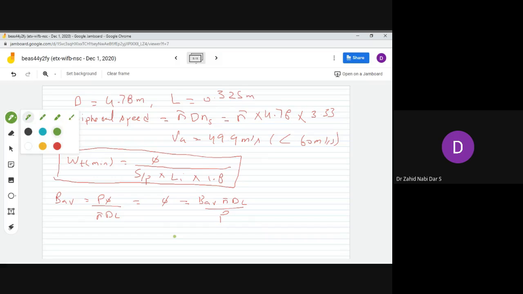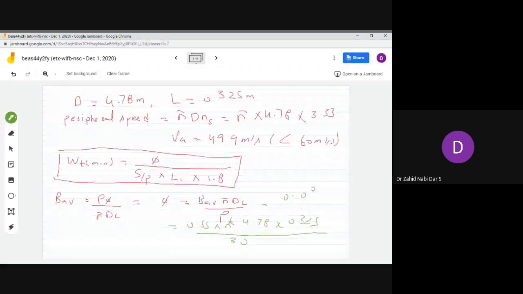So the entire value: Bav is already mentioned in the problem, 0.55; pi; D you just calculated as 4.78; L you calculated as 0.325; and the number of poles is 30. If you calculate this, your flux would be equal to 0.0894 Weber.